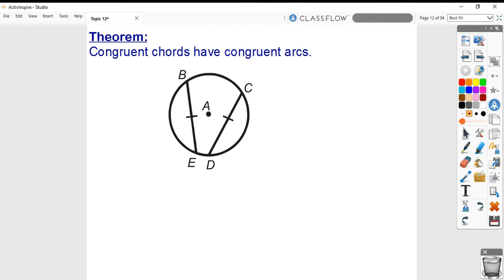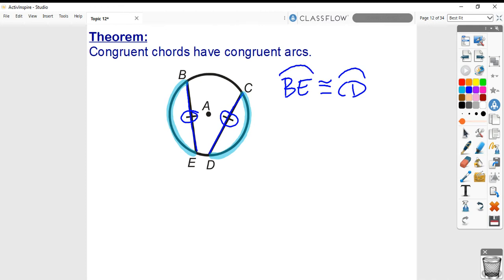This time we're saying that if these two line segments, CD and BE, are the same, and we know they're the same because they both have one tick mark right there in the middle, then this theorem is telling us that the arcs on the outside of them, CD and BE, are congruent to each other. So we would say that arc BE is congruent to arc CD. Both of those are arcs, so they get an arch top over them.